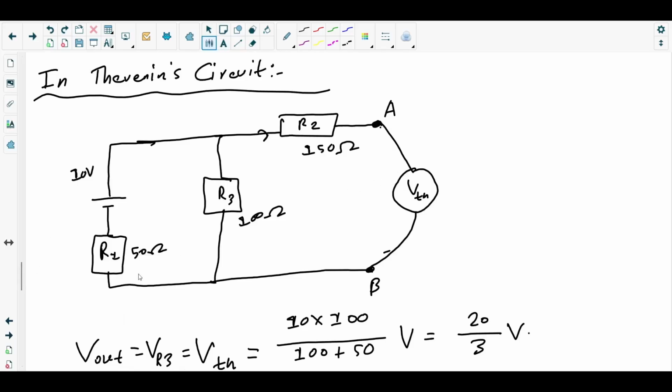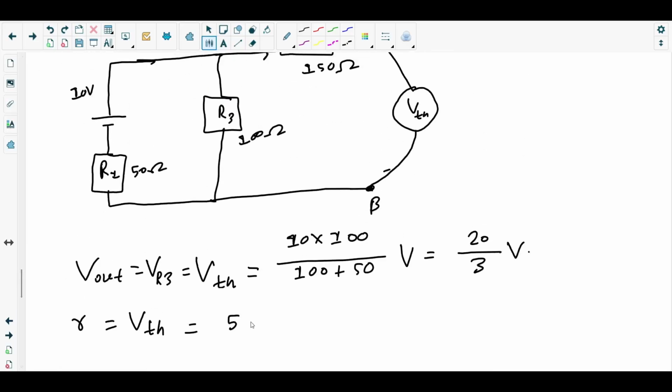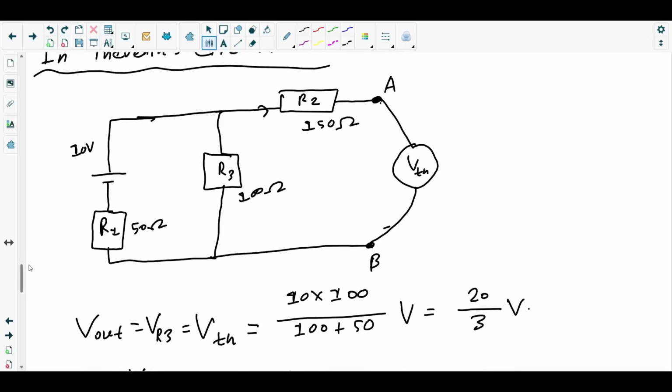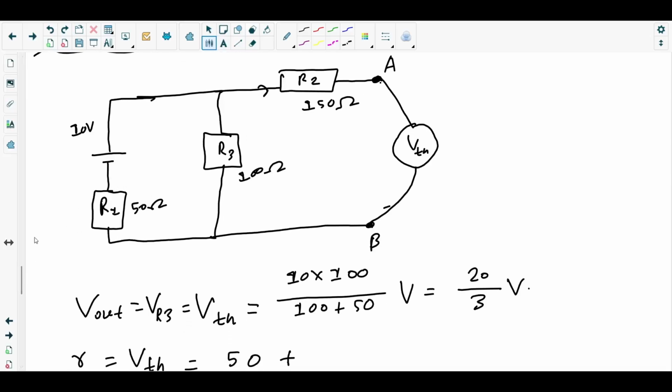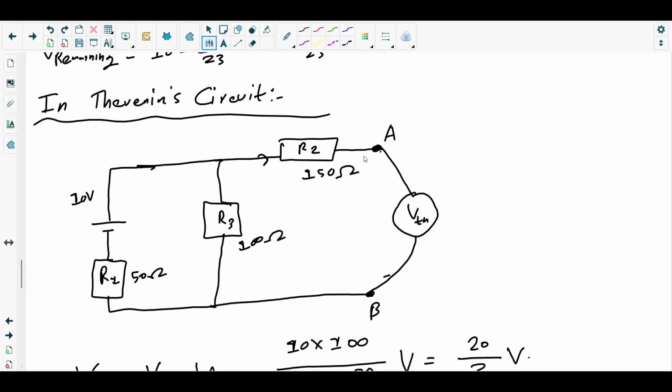Wait, basically the resistor R2 has a resistance of 150 ohms, right?